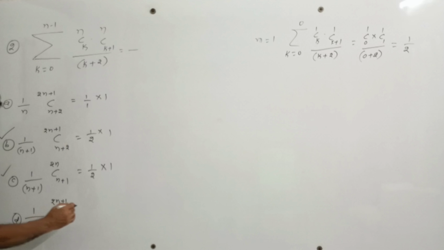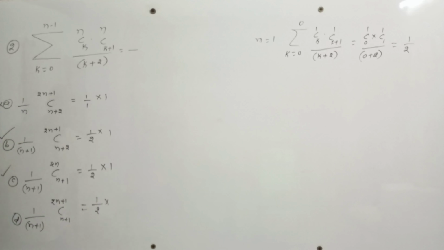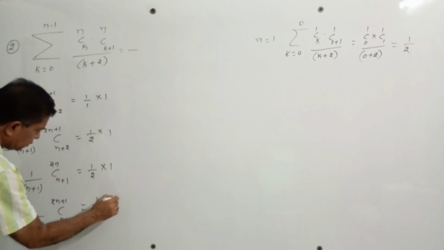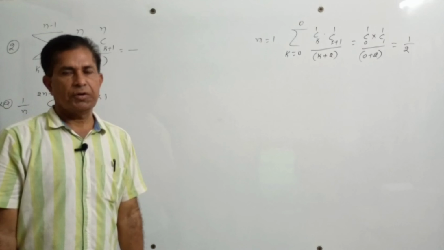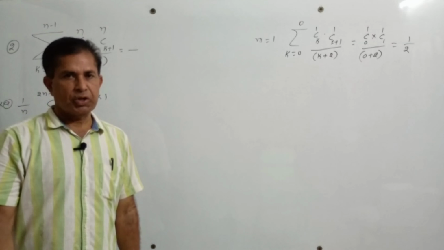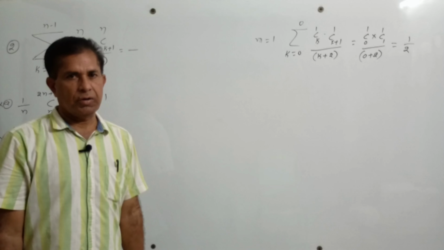For n is equal to 1, 1 by 1 plus 1 becomes 1 by 2. This becomes 3, this is 2, 3C2. We know the value of 3C2 becomes 3. Therefore, this option is not the correct option. So, for n is equal to 1, either B option may be the correct option or C option may be the correct option.